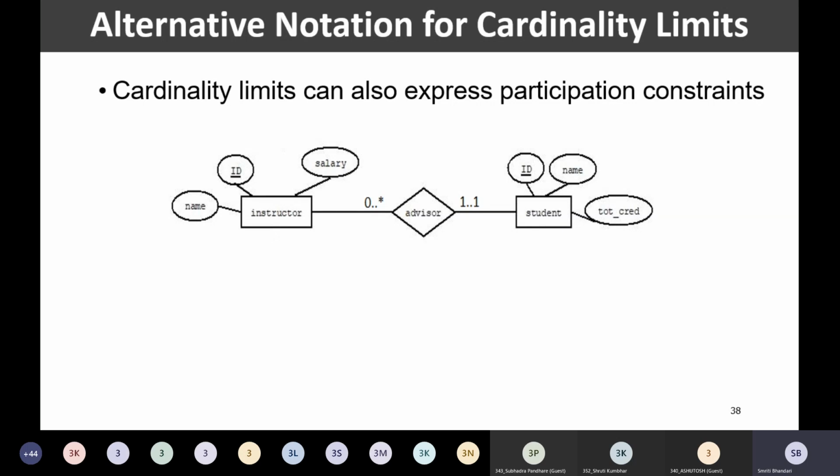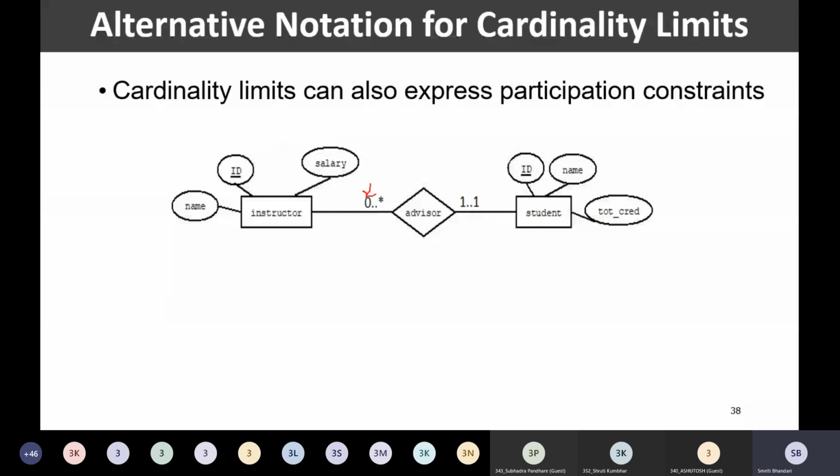We are putting some limits, the minimum cardinality and the maximum cardinality, towards both sides of the relationship set. Towards the instructor side of the advisor relationship, we have depicted the cardinality as 0 minimum cardinality and asterisk star, that is the maximum cardinality. At the student side, we have depicted the minimum cardinality as 1 and maximum cardinality also as 1.